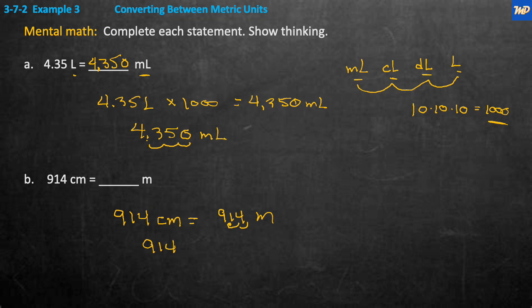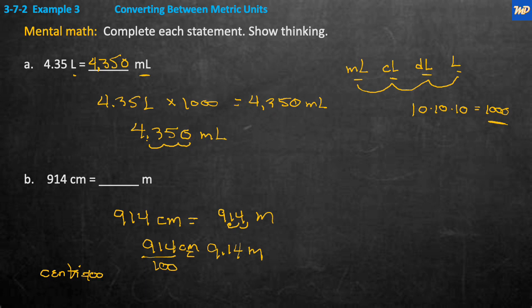You can also divide it by, you could say 914 divided by 100 is equal to 9.14. And now this is 9.14 meters, and we came from centimeters, okay? And 100, you can look at it this way. 100 means centi, right? C-E-N-T-I is equal to 100. Since we're dividing by 100, we're dividing by a centi, right?